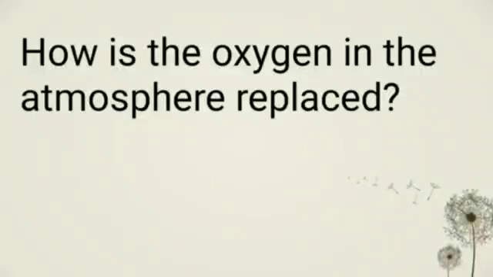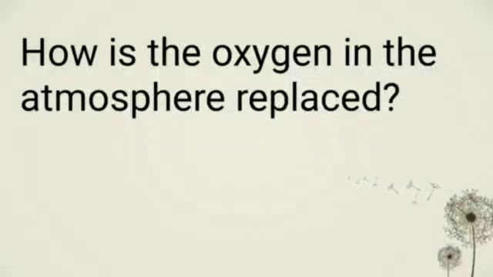So the balance of oxygen and carbon dioxide in the atmosphere is maintained through respiration in plants and animals and by photosynthesis in plants. How? Plants produce oxygen during photosynthesis and utilize oxygen during respiration, two things.